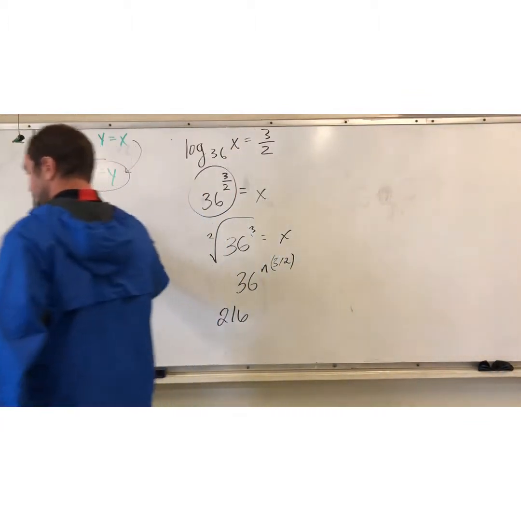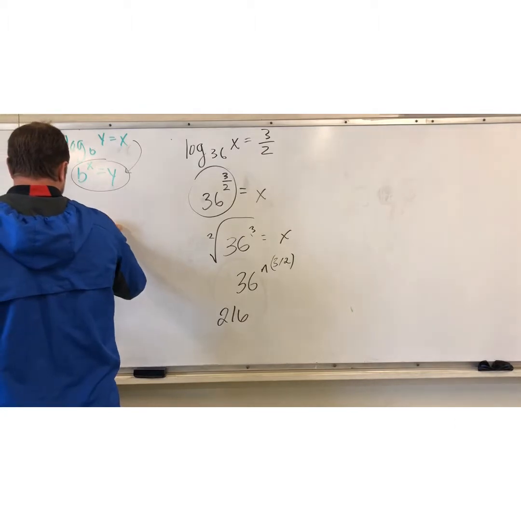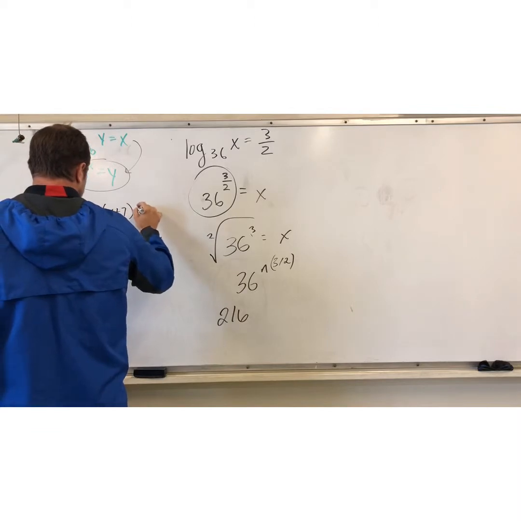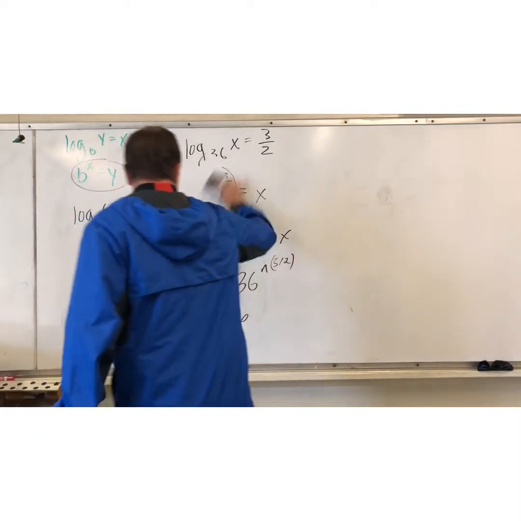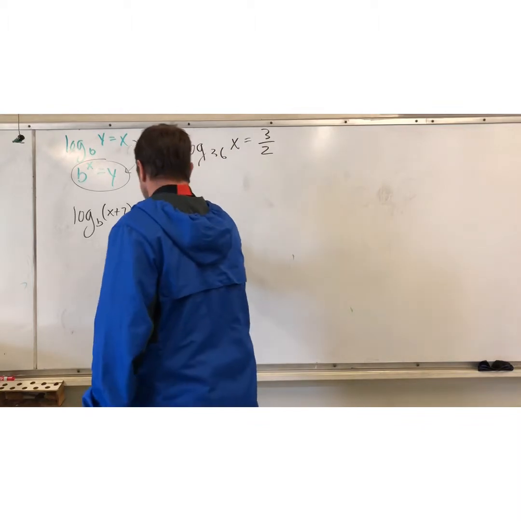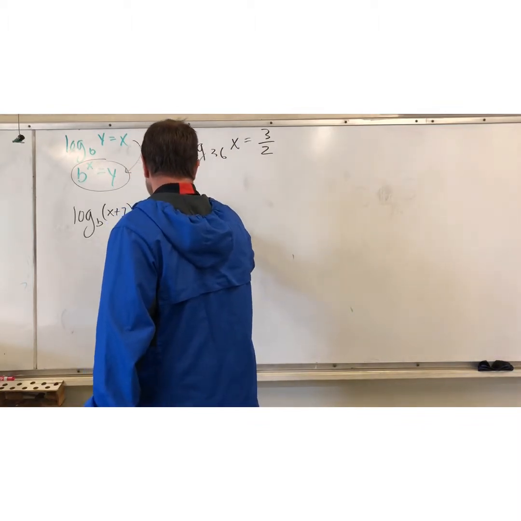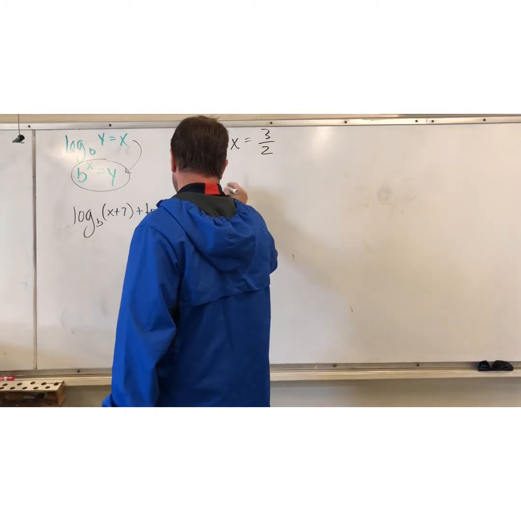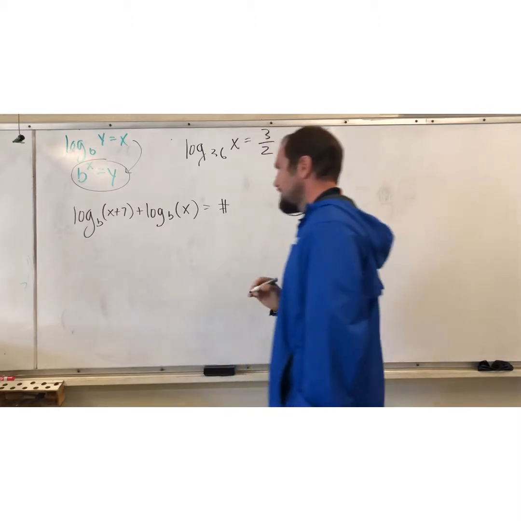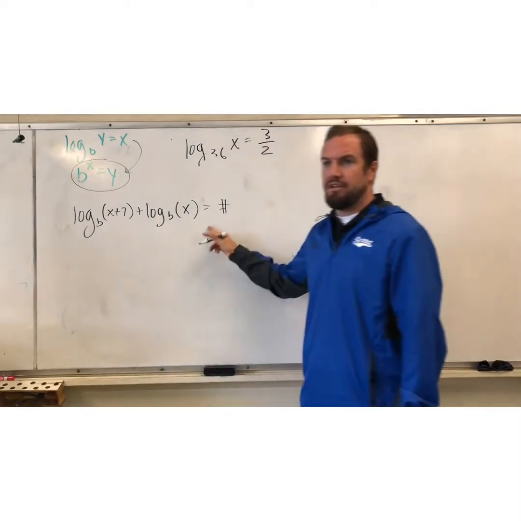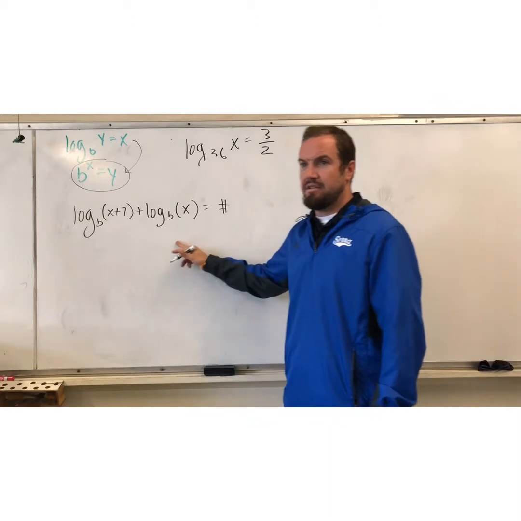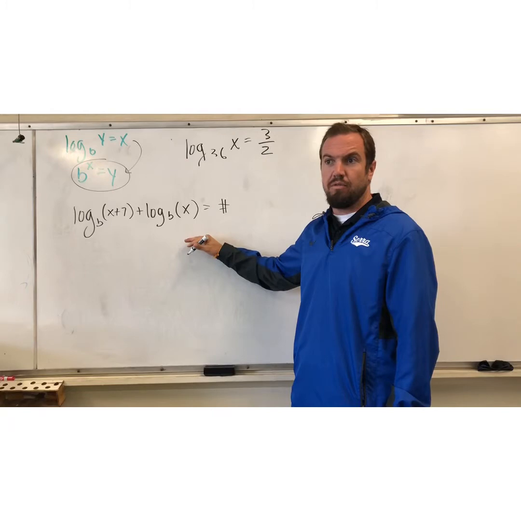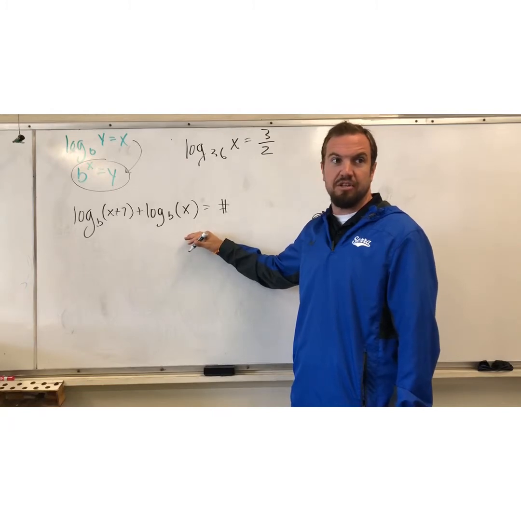If you end up with log b of x plus 7, just as a side note, plus log b of x, equals a number, what could we use here to contract this? We use the quotient rule that dealt with subtraction.